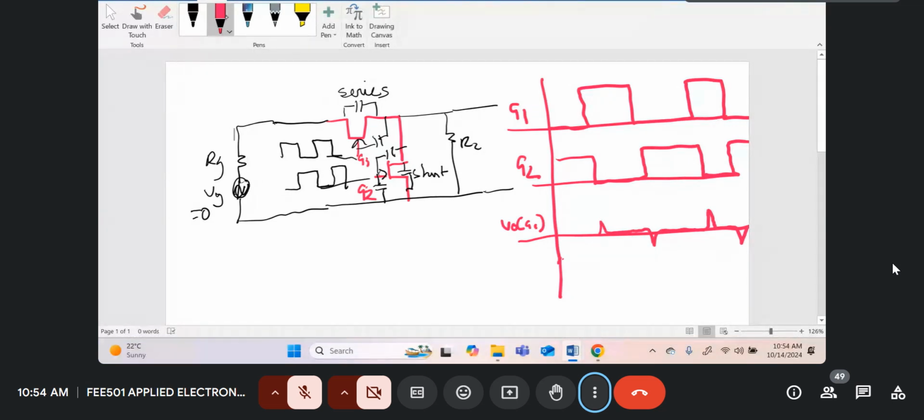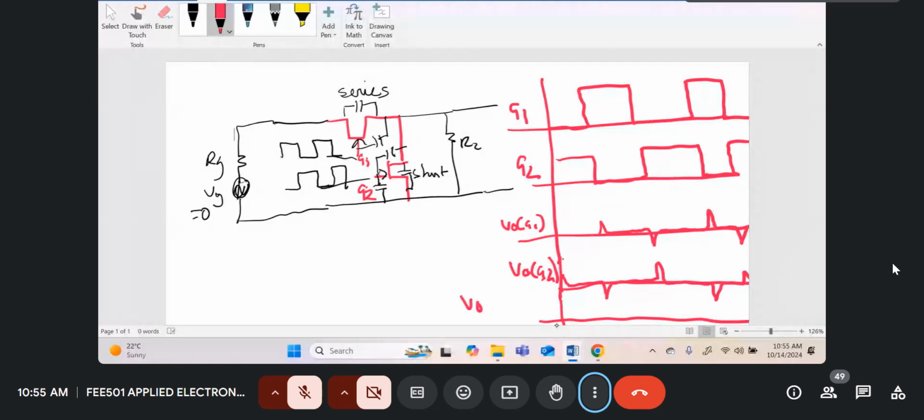And V0 due to gate 2 only, for this one, you're going to get a spike, something like that. And therefore, V0 as a function of gate 1 and gate 2 will be approximately equal to 0, because the polarities of the switching spikes will tend to cancel one another.